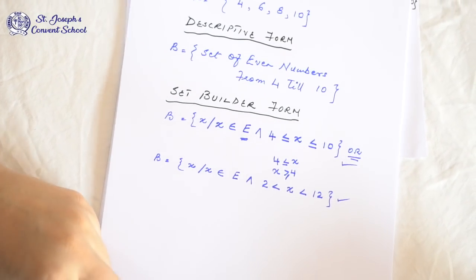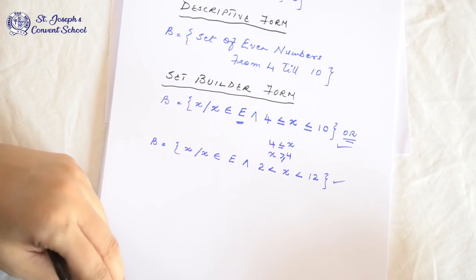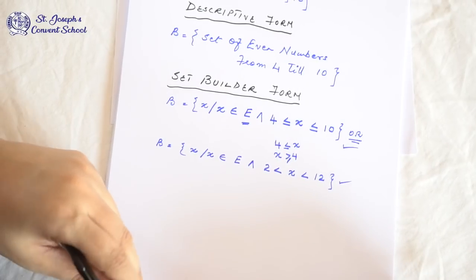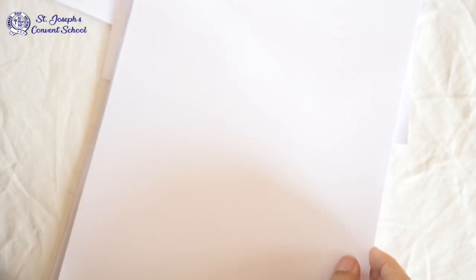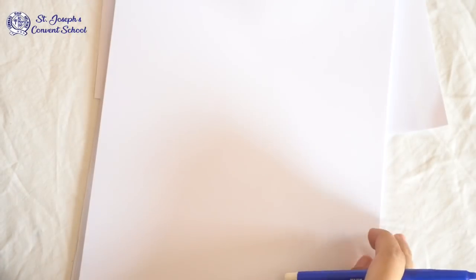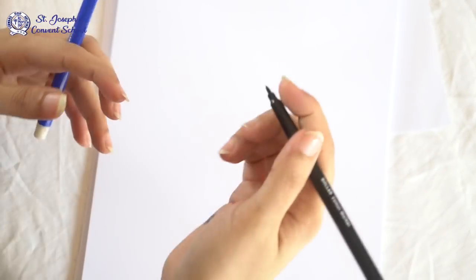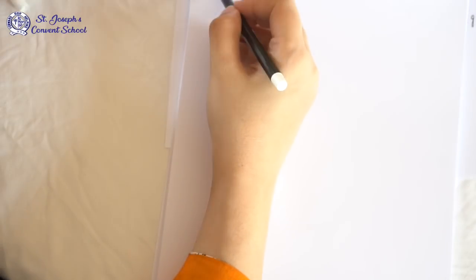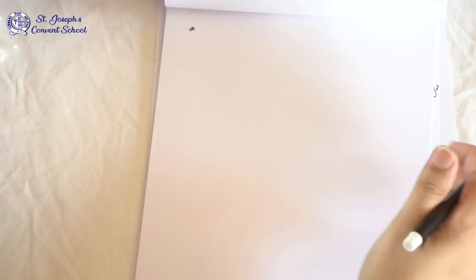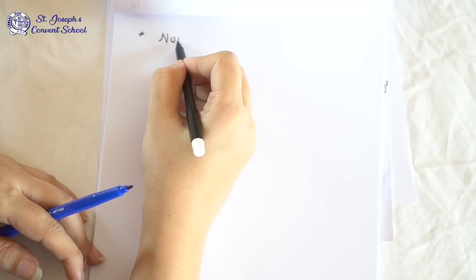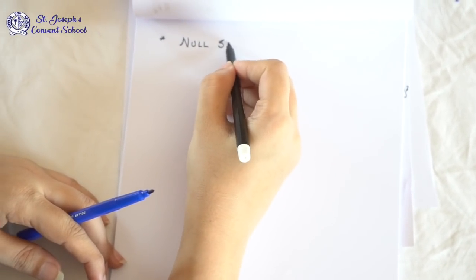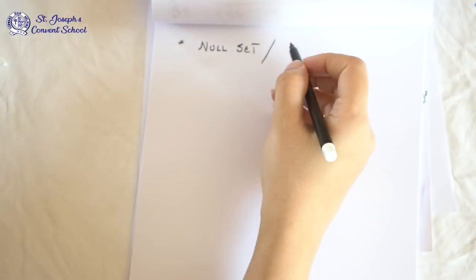Then there are other important things which you all should know, like what are null sets, what are finite sets, infinite sets. Okay, all these you all should know. These are simple things actually, but you all should know because we are going to use them in sets and all. Okay, so what are null sets and how to write them? Null set or empty set.